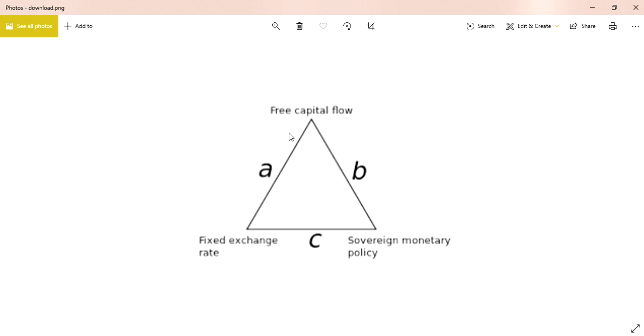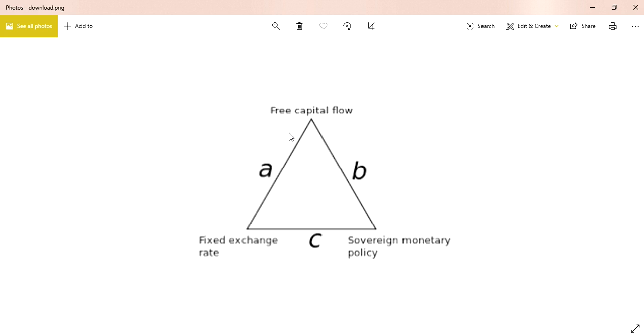First, free capital flow. If a country is pursuing that policy, they are not resisting any flows to come to the country and any flows to go out. Capital can freely come into the country and go out from the country. Also, we have fixed exchange rates.